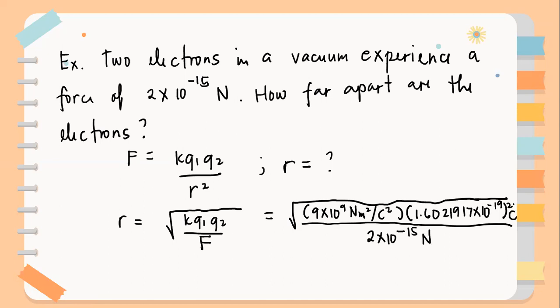Coulomb squared cancels, and newton cancels. r is now equal to 3.4 times 10 to the negative 7 meter.